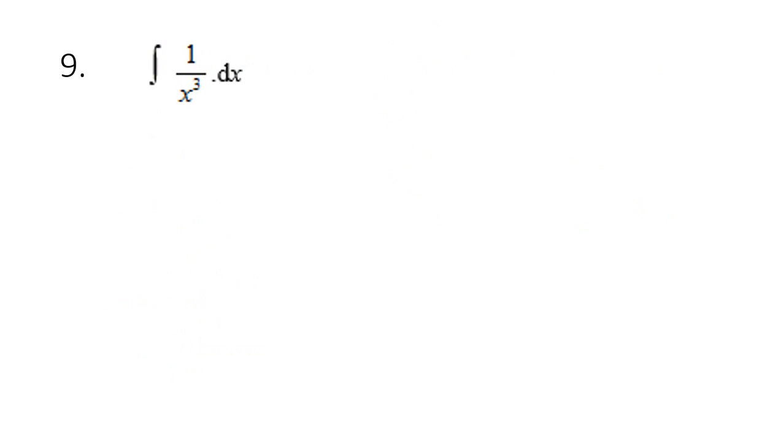Alright, here is number 9. This should hopefully be very easy. I was trying to think of a question where you had to remember to move up your denominator. So if we moved up the denominator, then we would really just have the integral of x to the -3rd power.